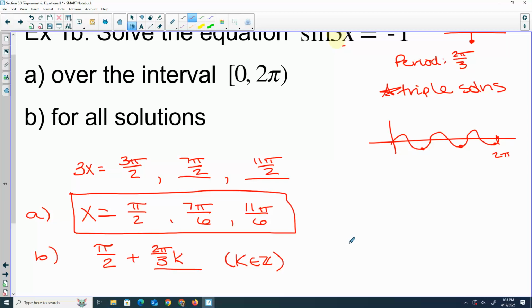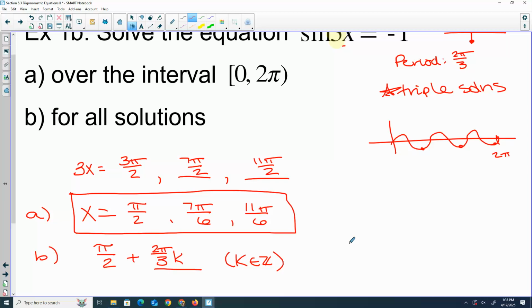There are other ways you can get that as well. It's more to write, but you could have done all 3 of the answers from part A plus 2 pi k. That would be equivalent, not the most concise, but it is going to give us all the same answers.